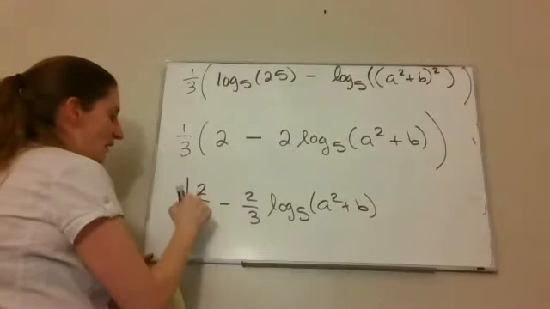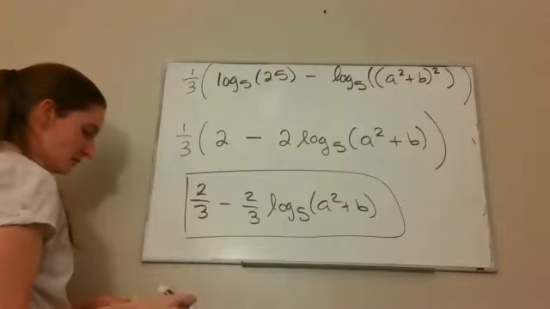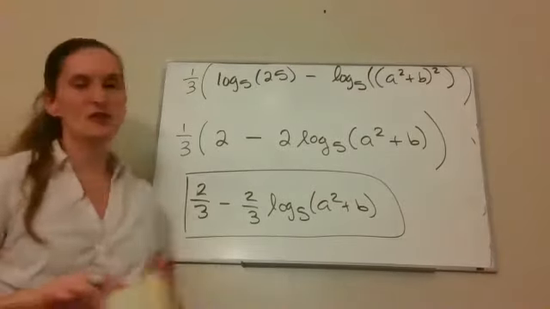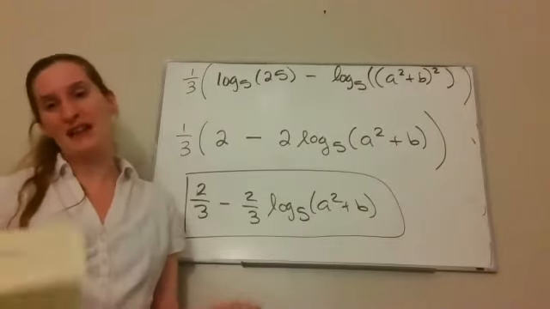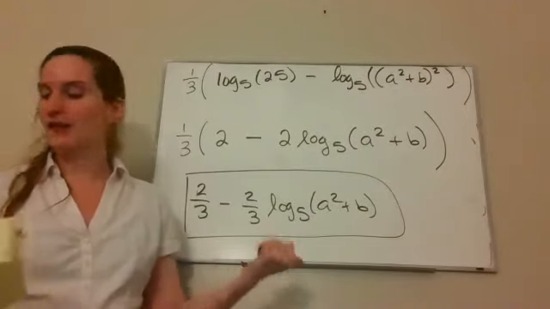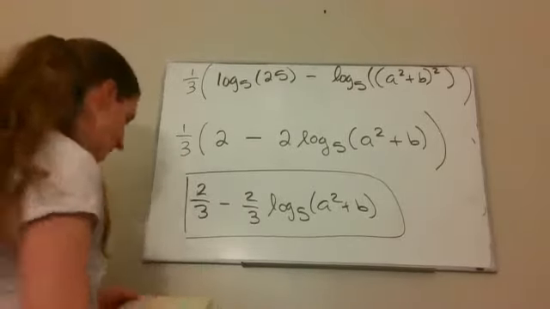And that's about as simplified as I can get it. All right, so that's how you take a complicated log and split it into simpler logs. Now we're going to do the opposite. We're going to have simpler logs, and we're going to smush it all together into one logarithm.